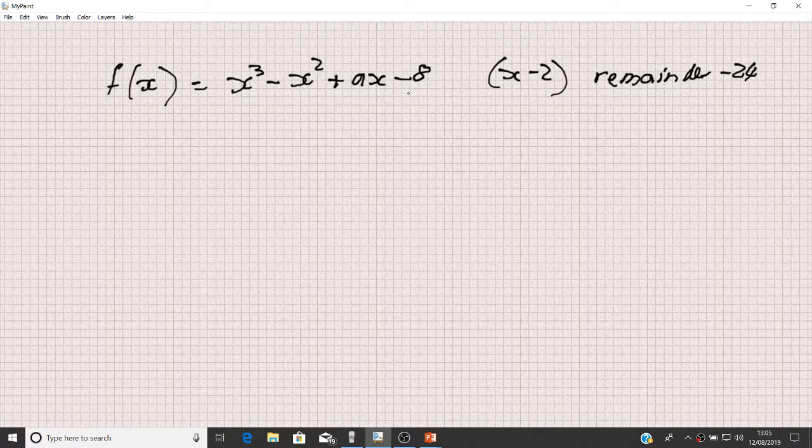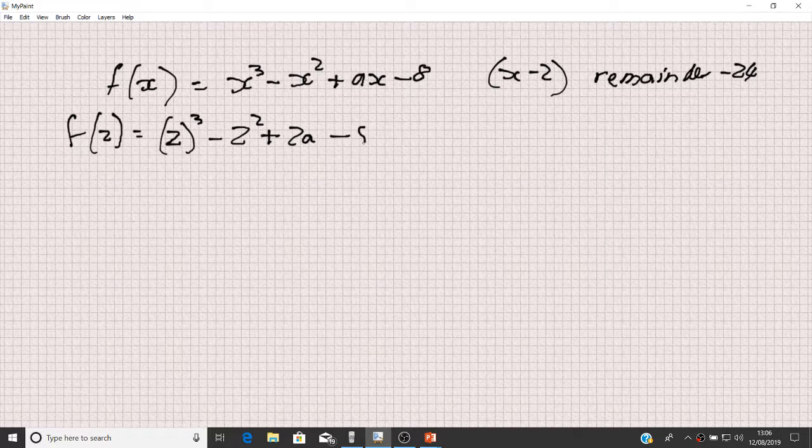This will enable us to find a. So we'll just substitute positive 2, f of positive 2, and set it to negative 24. So we're going to have 2 cubed minus 2 squared plus 2 times a minus 8 equals the remainder negative 24.